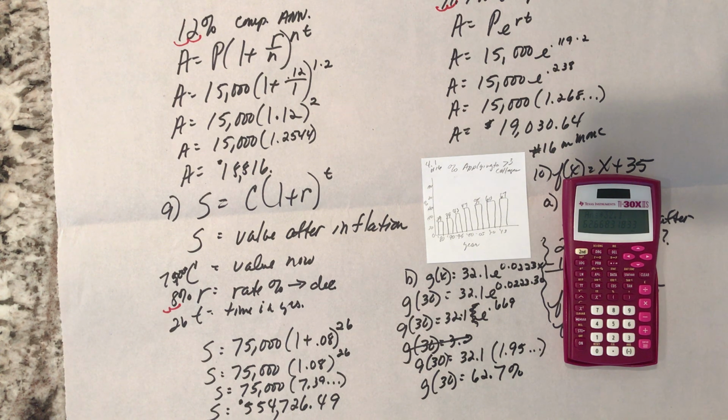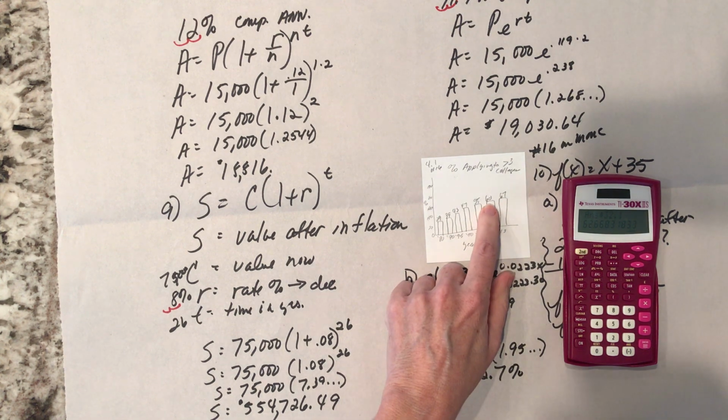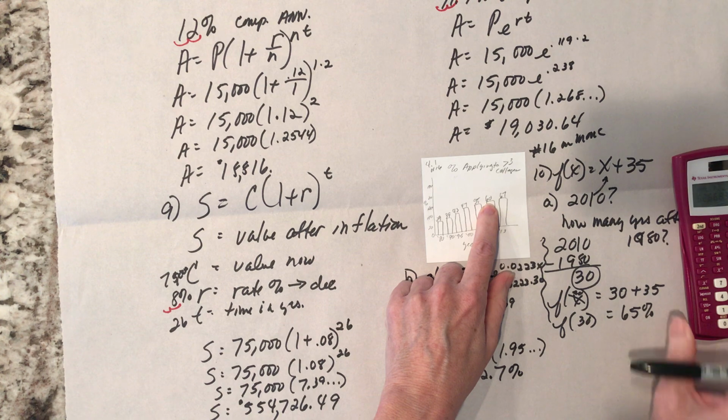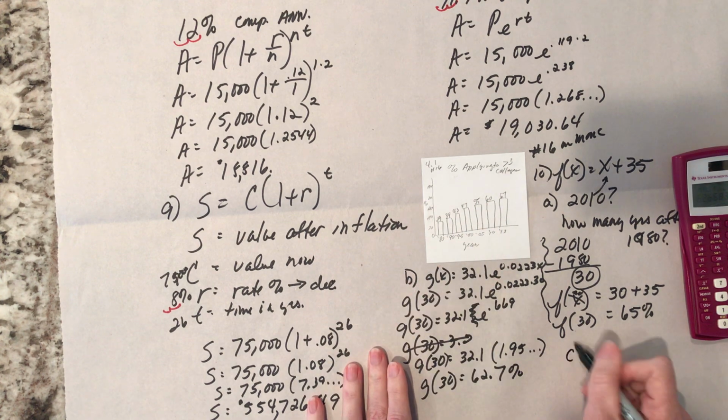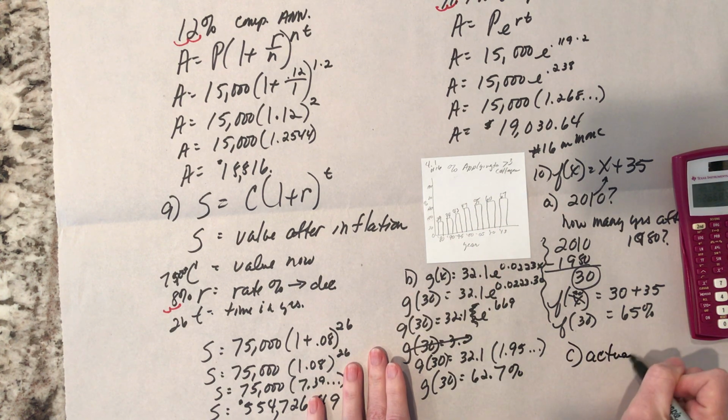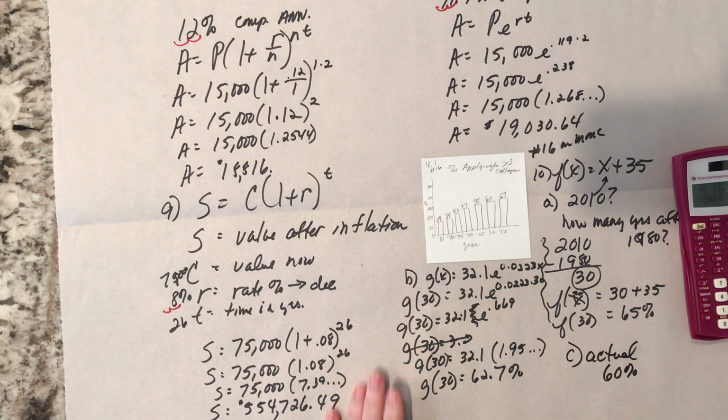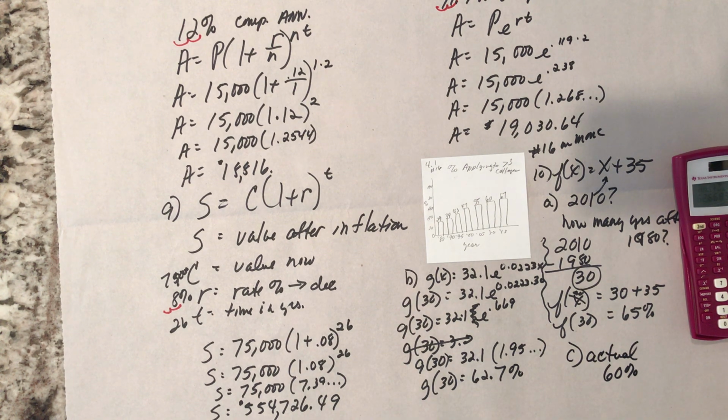Let's see, so what we're asked to do in C is compare the two to the graph. So let's see what we've got here. In 2010, the actual is that 60% of high school seniors in that year were applying to more than 3 colleges.